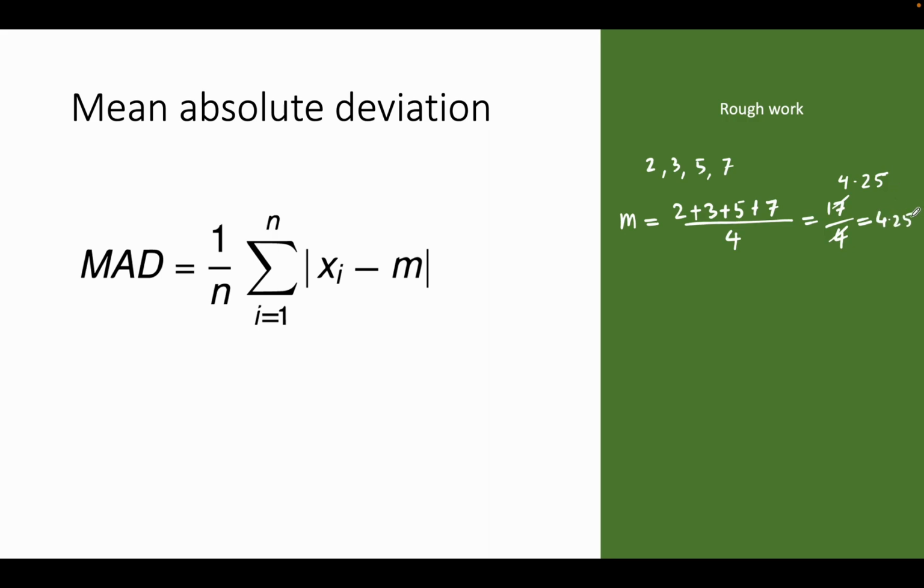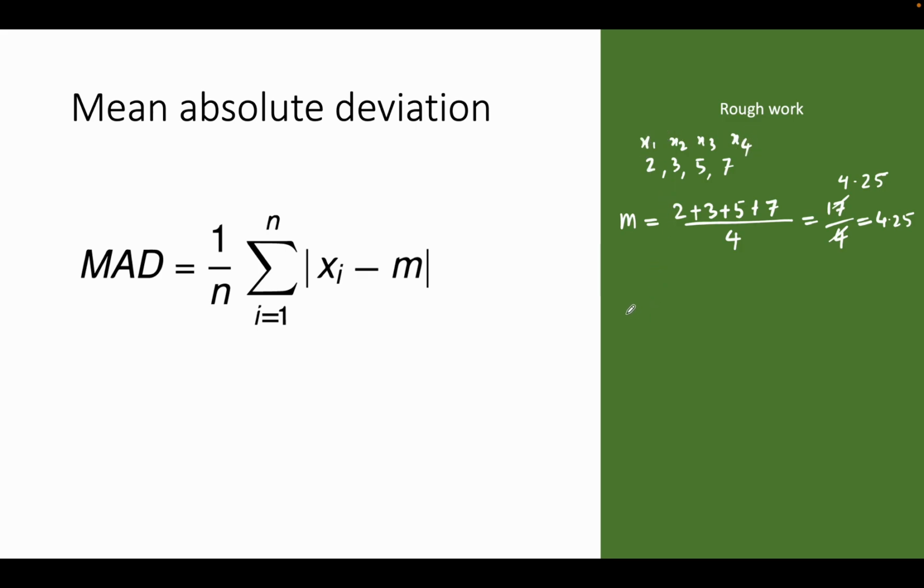Now our n value would be 4, right? So these are our x1, x2, x3 and x4.